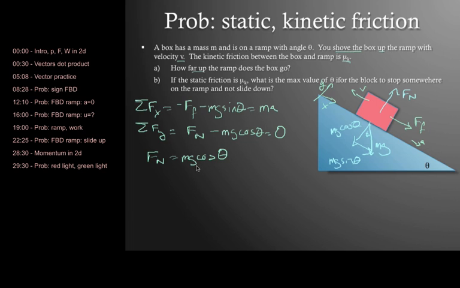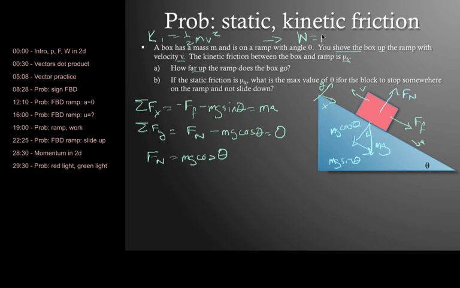So how far does the box make it up the ramp? Initially I have some amount of kinetic energy, because the box has a speed v. This is 1/2 mv squared. Then friction and gravity are going to do some work on this box.